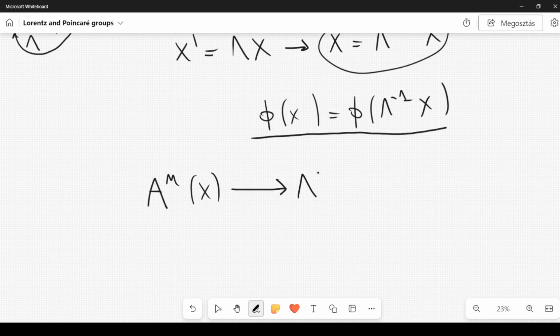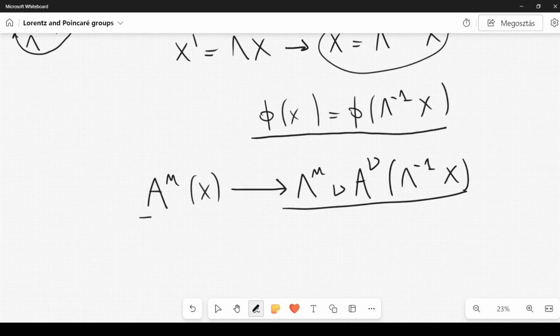We have a Lorentz transformation of the kind lambda mu nu, A nu, and then here, instead of x, similarly to what we did here, we replace lambda inverse x. So this is the transformation for a vector field. You can see that it is more complicated because we are transforming the spatial components with a proper Lorentz transformation, but we are also transforming the field.